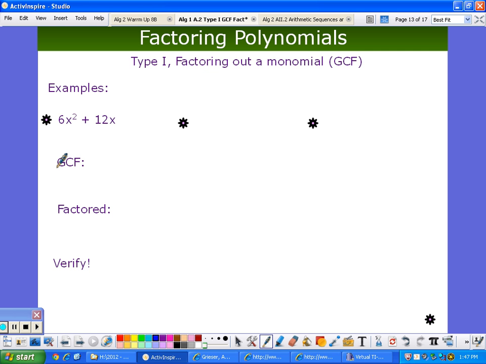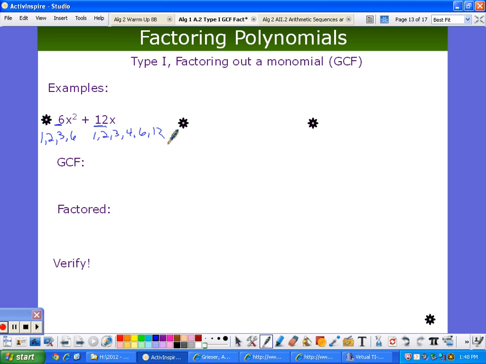Here's a way to find it. First I look at the numbers, 6 and 12. Greatest common factor. Okay, let's review. What are the factors of 6? 1, 2, 3, 6. Factors of 12. Hopefully I got them all.